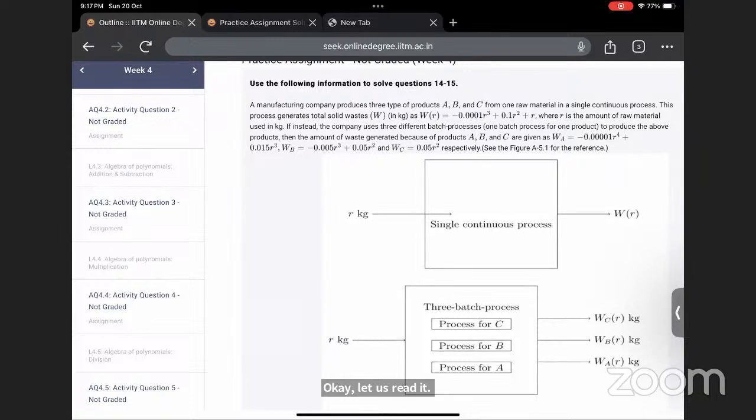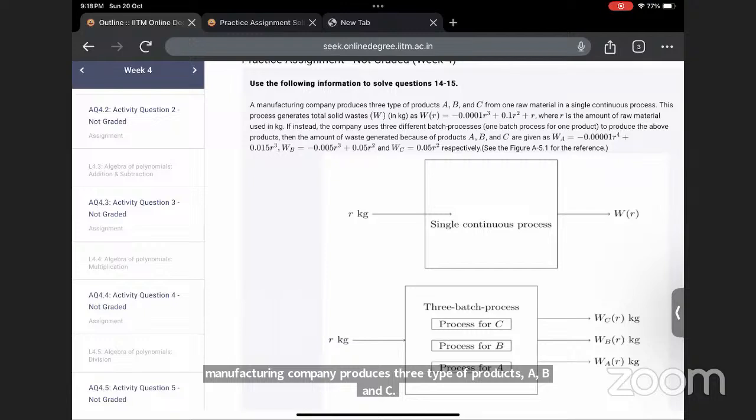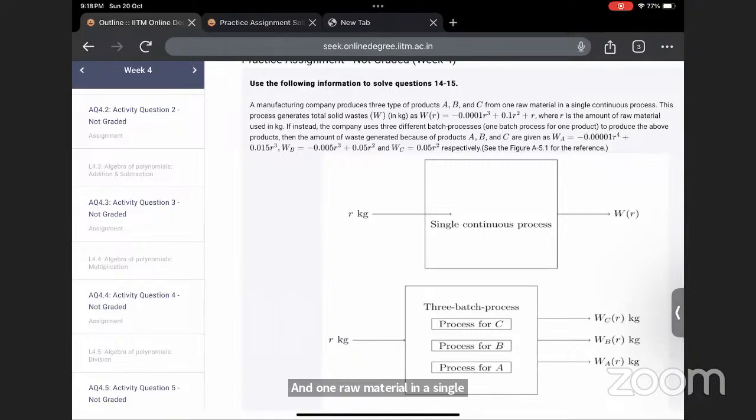A manufacturing company produces three types of products, A, B, and C, and one raw material in a single continuous process. This process generates total solid waste W(R), where R is the amount of raw material used in kilograms.